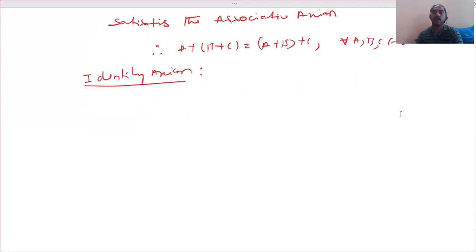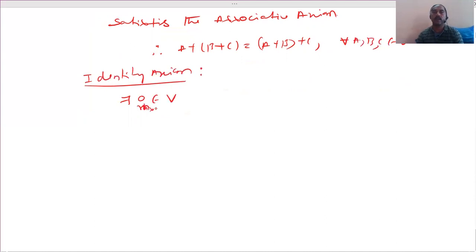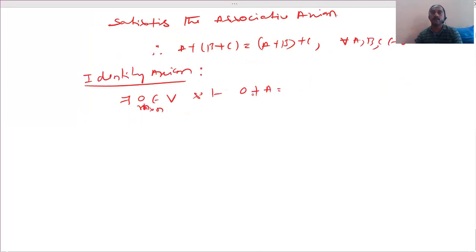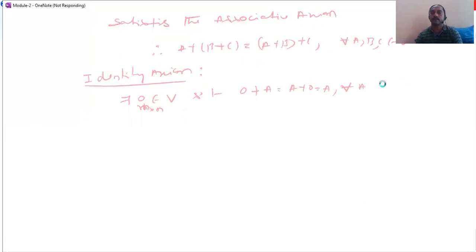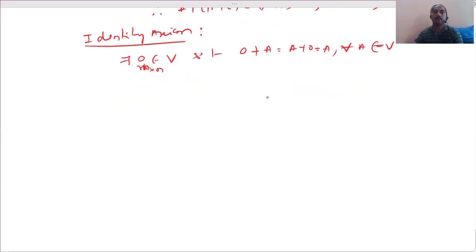The zero matrix exists, everyone knows. Zero is also a matrix, the zero M by N matrix. There exists a zero M by N matrix in V such that A plus 0 equals A for all A belonging to V. Identity over.